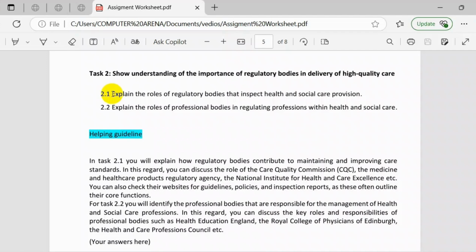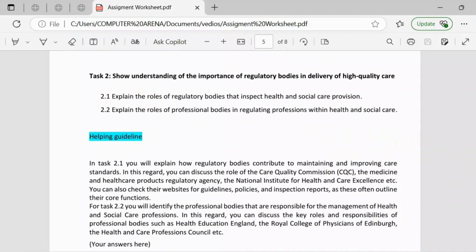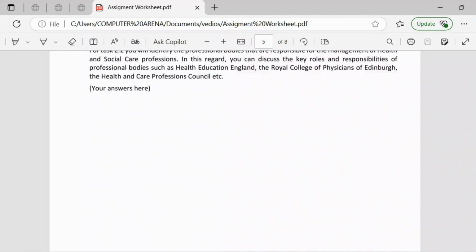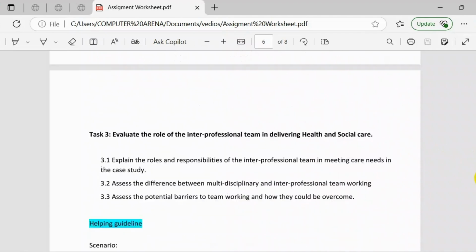Once you have identified them, you have to explain what roles and responsibilities these regulatory and professional bodies hold, how they are providing their services to the general public, and what purpose they are working on. This is all you have to discuss and explain under these two assessment criteria of learning outcome 2.